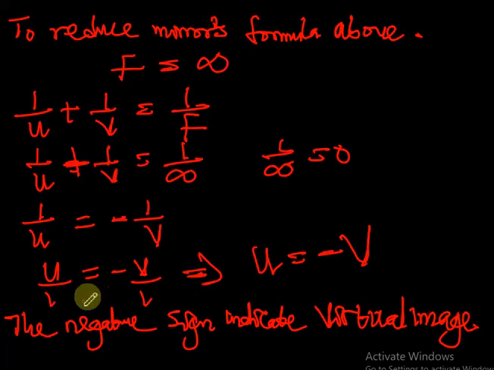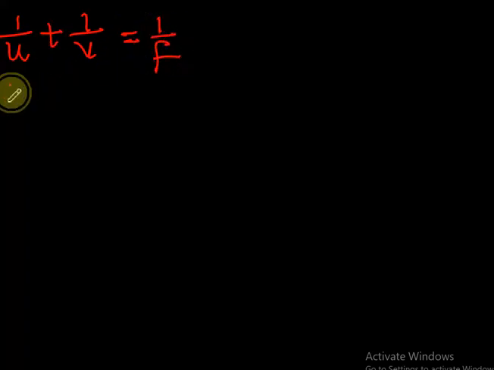And it is still possible, aside from that, for you to work on that formula, which is 1 over u plus 1 over v equals 1 over f, to derive other expressions for magnification.